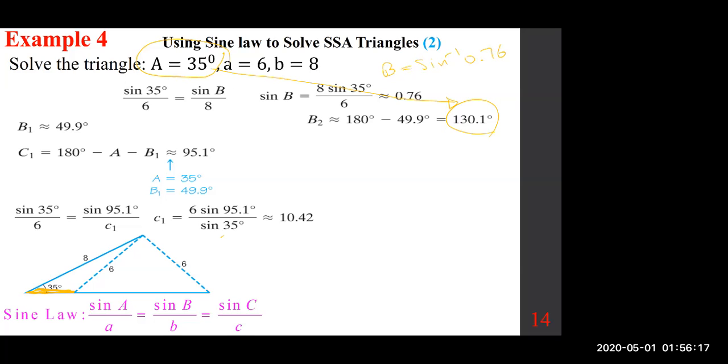Because the way you put number 6 can go to the right and create this top angle of 130.1 degrees, or it can go to the left and create this top angle of 49.9 degrees. My apologies, I'm talking about these two angles, either this one or the other one. So with that being the case, let's look at the next case.